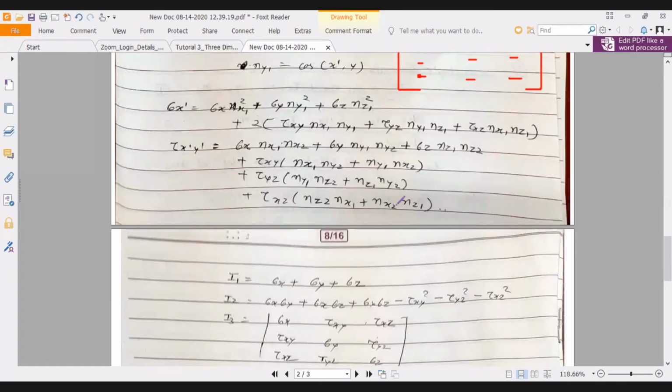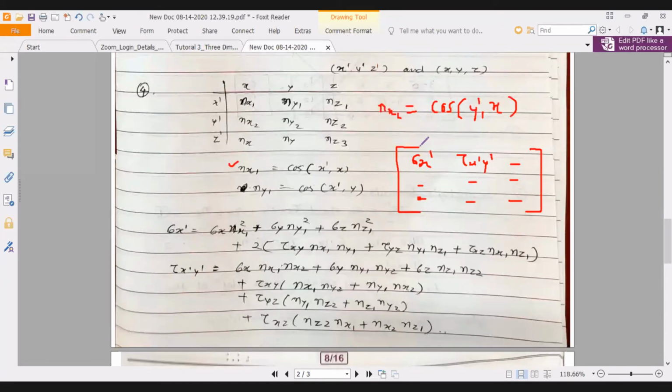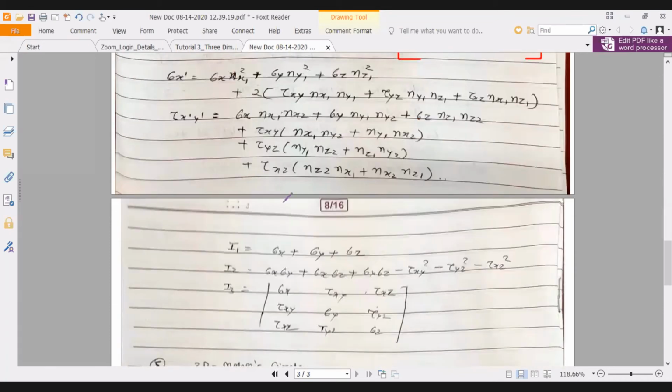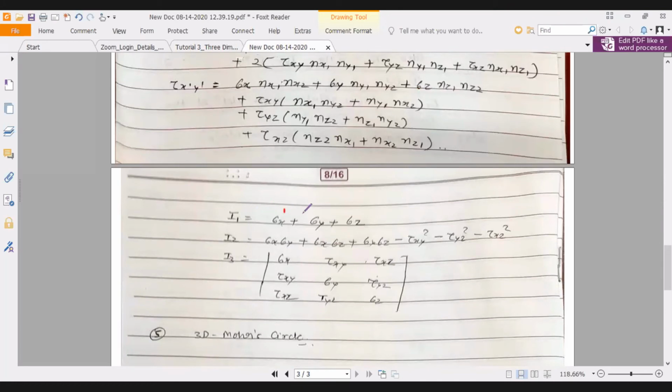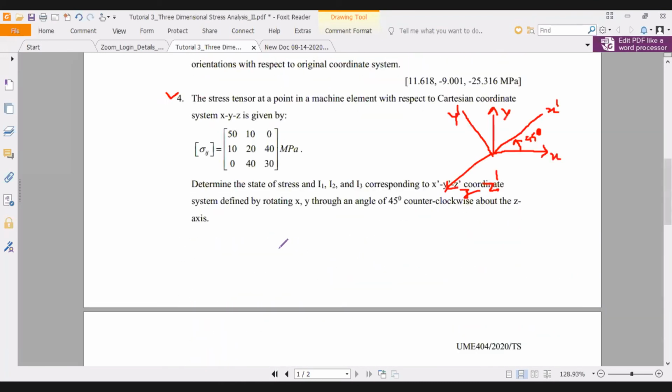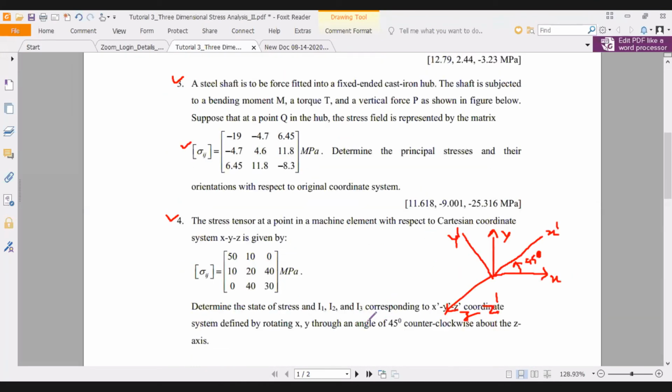Okay, so after calculating this table, this stress field in your updated coordinate system, you are able to calculate the stress invariants. Here in the question, what is given is the stress invariants corresponding to the x dash y dash z dash coordinate system.